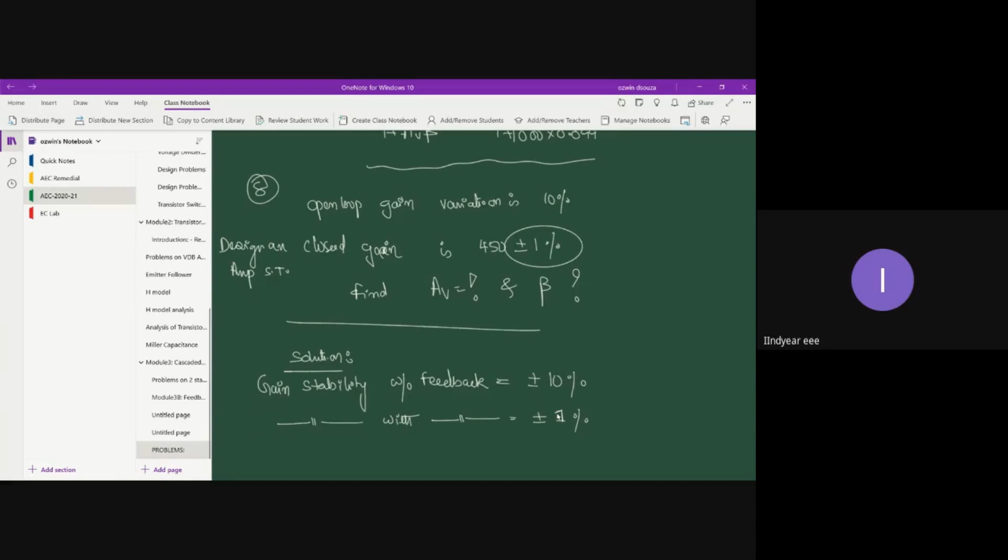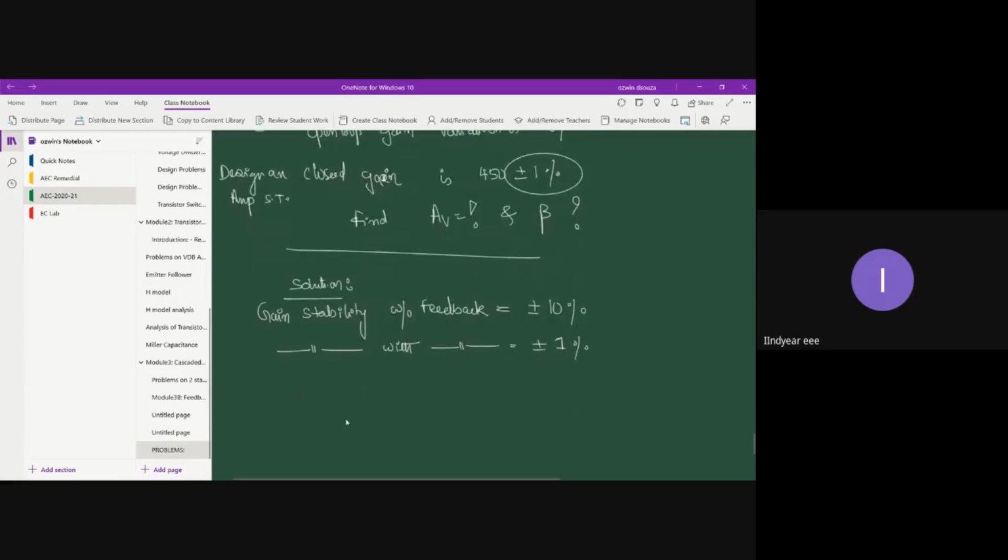Therefore, you can write down that previous formula: DAF divided by AF is equal to 1 divided by 1 plus beta A into DAV divided by AV.